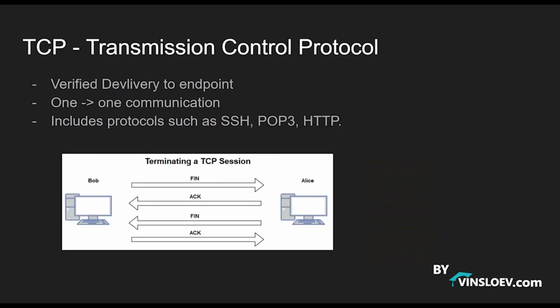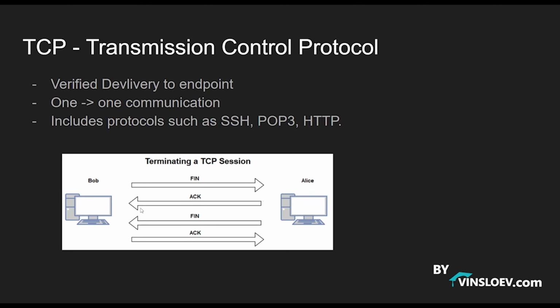So the first one, TCP, is the Transmission Control Protocol. This is one of the protocols. There is also UDP, which we're going to discuss later. But TCP is a verified delivery to endpoint protocol, meaning that, as we see in the picture right here, when two devices are communicating, here Bob using his computer and Alice using hers, Bob first sends a request or some kind of package to Alice, and then Alice acknowledges this.